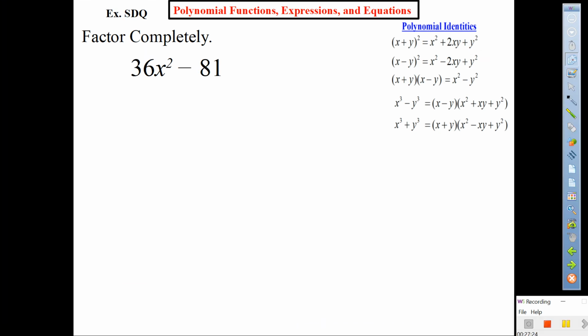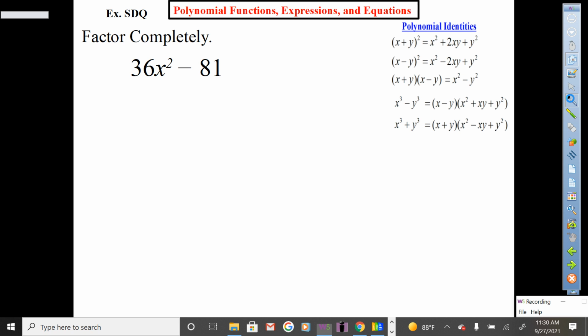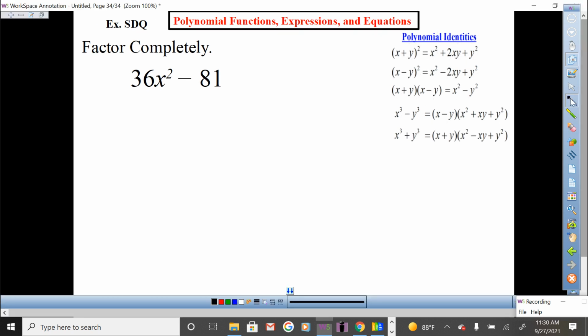Example super duper cute. 36x squared minus 81. Well, let's first do the first step and see what we did. All right, share with your neighbor, see what you got for that one.